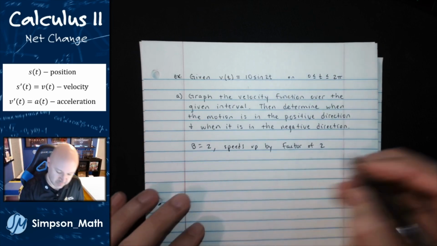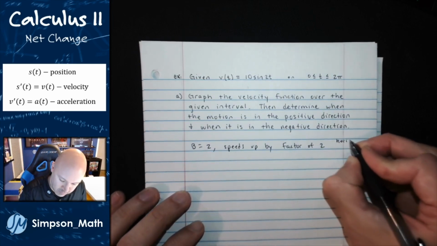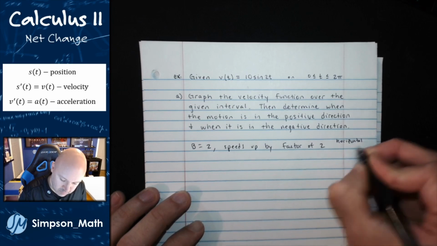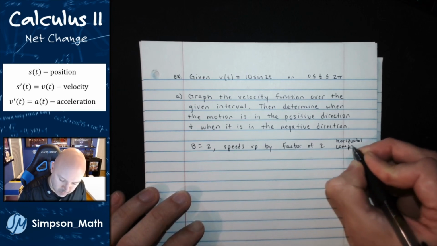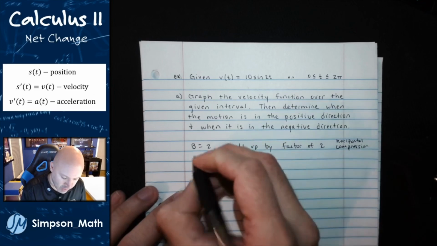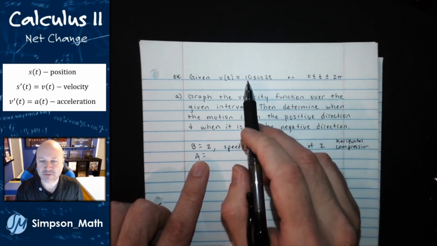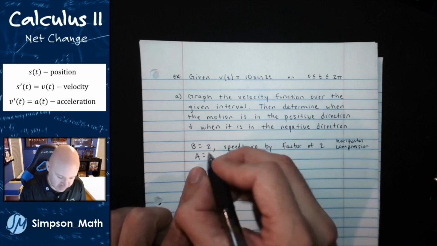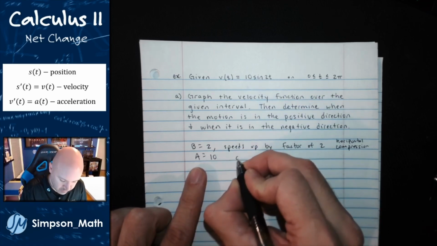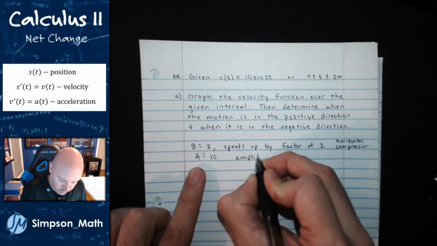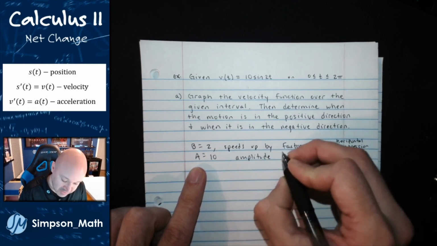It's going twice as fast. And then we have an A transformation. That's the amplitude out front. The amplitude is now 10. Or I need to multiply those y values by 10.